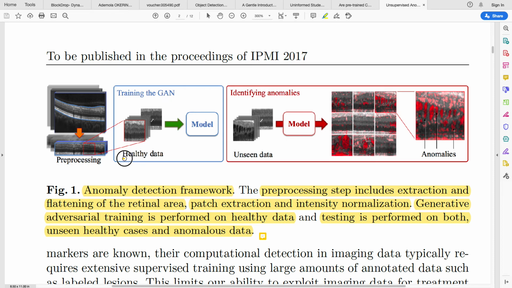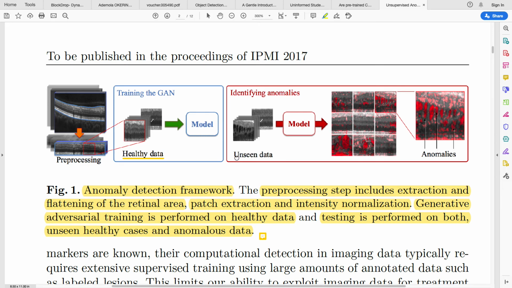One important point here is that they use healthy data, that is data that does not have anomalies in the training phase. After training, fine-tuning, and they learn some parameters, some weight, and that essentially is our model. Now the model is ready.